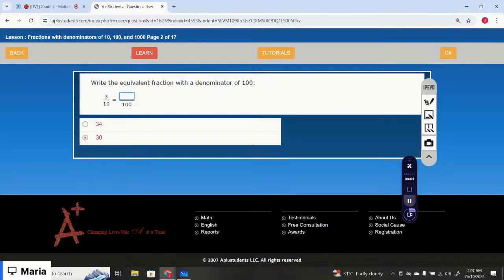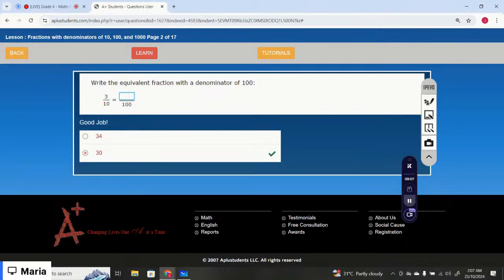You have to multiply both numerator and denominator with the same number, so that would be 30 over 100. Option number 2 is the correct option. Very good.